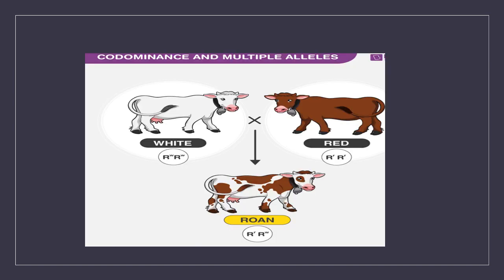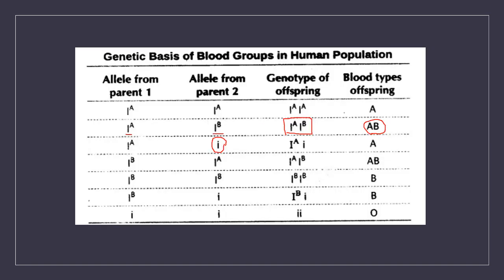Now, codominance and multiple alleles, like the white and the red. Okay, over here is the roan which I told you about, the white cow with brown patches. You can just look forward for the genotypic. Now, the genetic basis of blood group in humans is a good example of multiple allelism, but not all the blood groups.